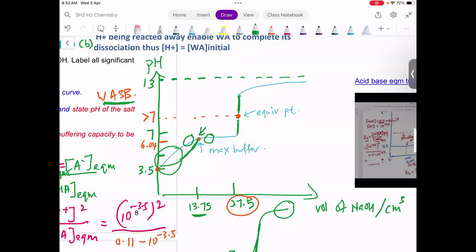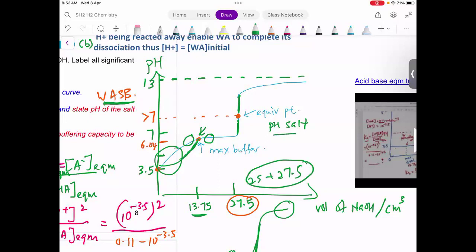Also, before the equivalence point, all your alkali is removed, limiting, so what are we diluting? I'm saying that if you are to calculate the pH of the salt solution, then you have to recognize that the total volume is 25 plus 27.5 at that point.